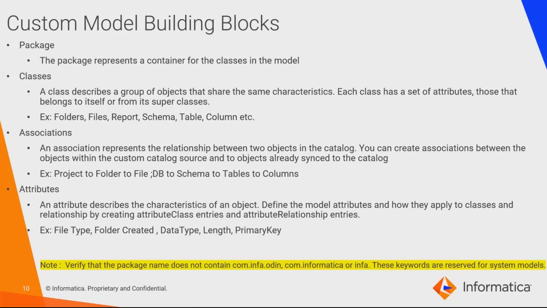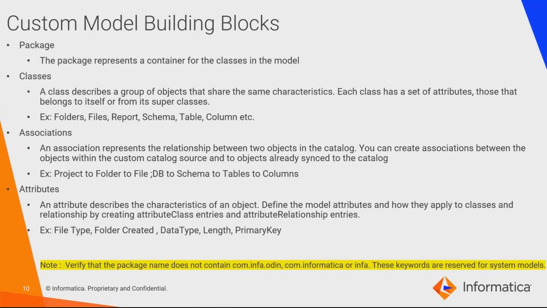All those definitions will be defined in the associations. Or in a typical database model, the relationship between the database and schema, between a schema and table, or between a table and columns will be defined in the associations.